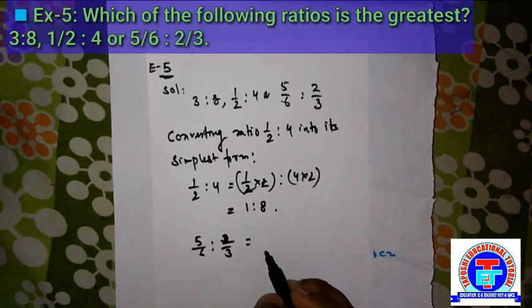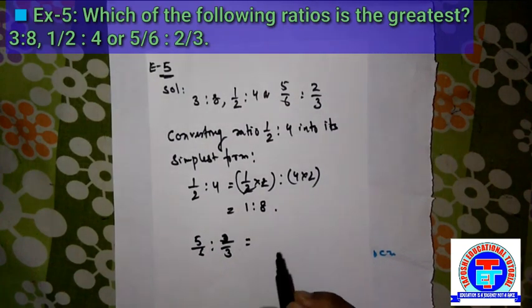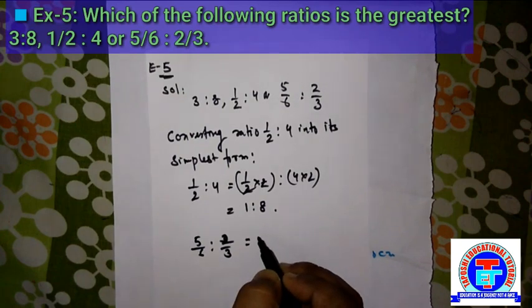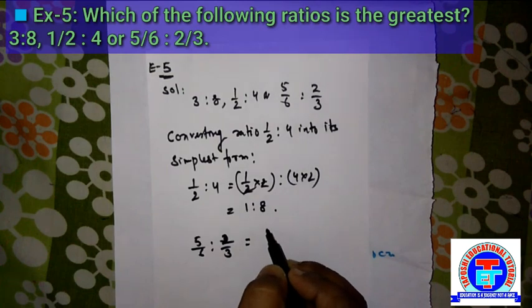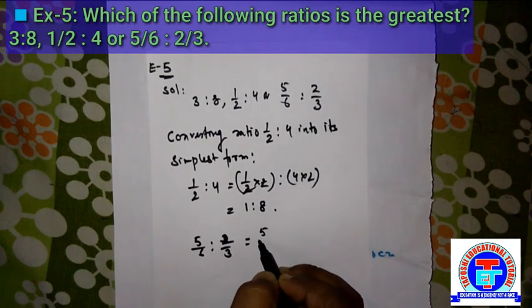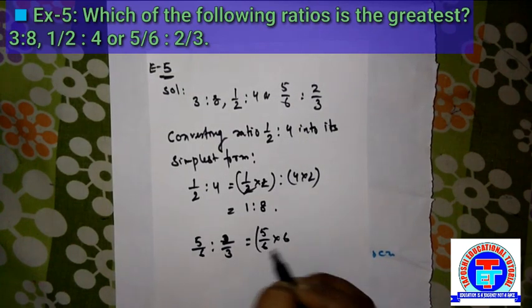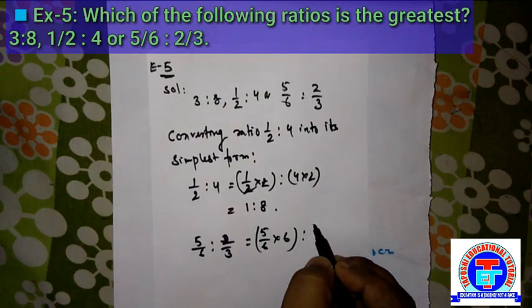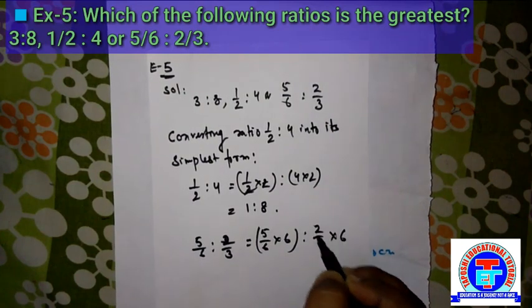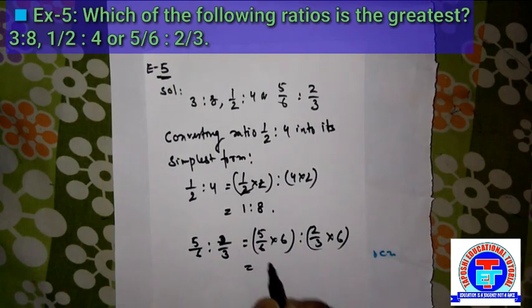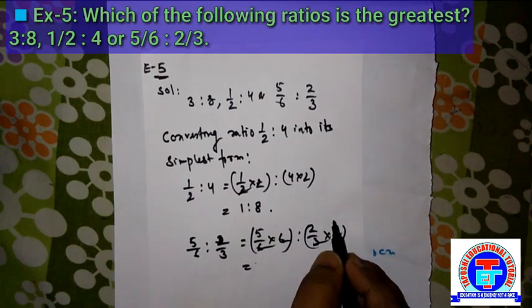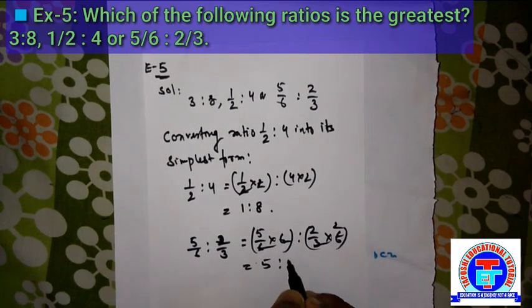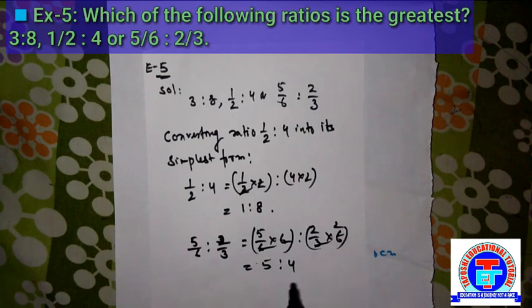Here 6 is the LCM, so we multiply 5 by 6 into 6, then 2 by 3 into 6, correct. Then it will come 5 is to 4, okay.